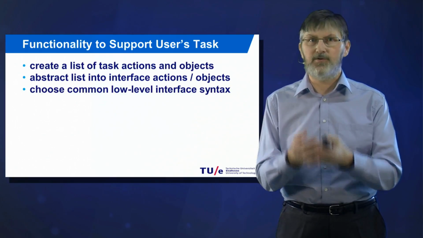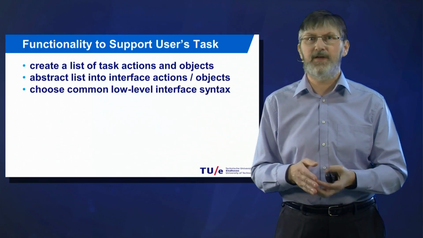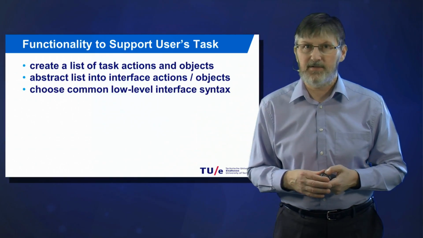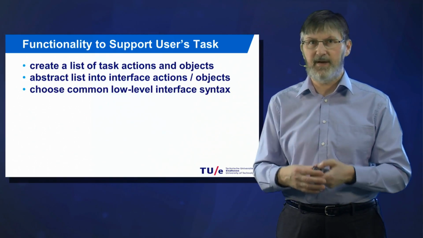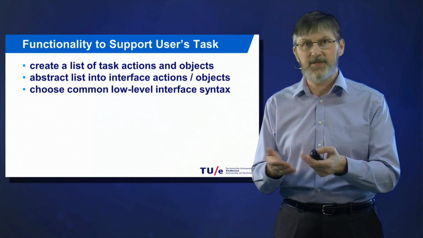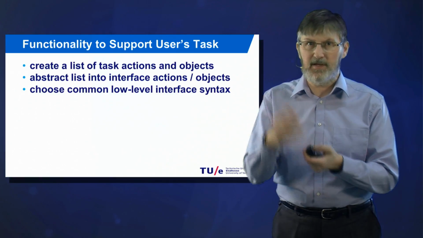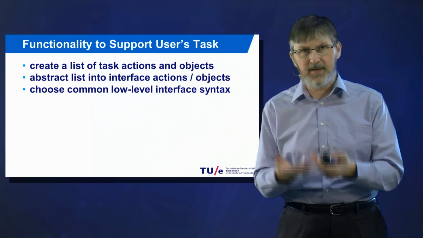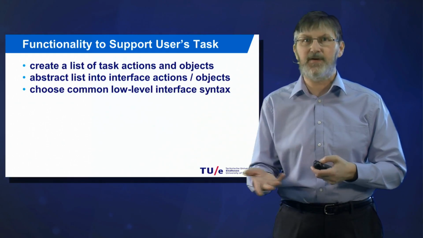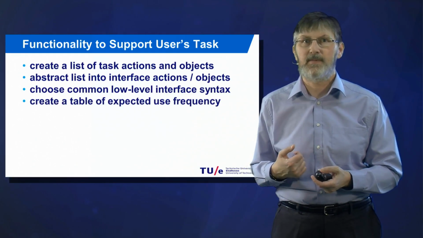We choose a common low-level interface syntax. For instance, commands that are words, then separated by a space from possible options and arguments. And all options starting with, say, a minus sign. That makes it clear for all the commands how to actually specify these options and arguments.